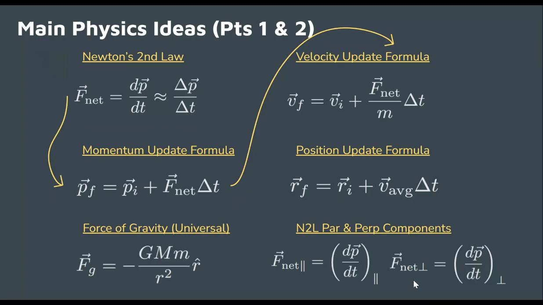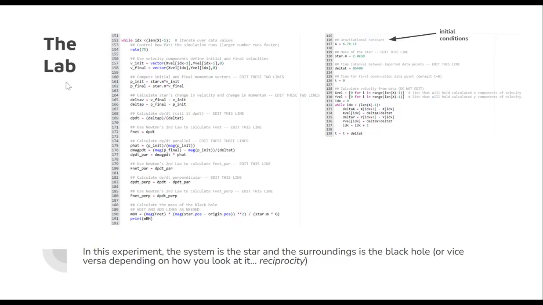Pretty self-explanatory there. And here's the actual lab for the first part itself. As you can see, the initial conditions we have here are the gravitational constant, the mass of the star, which is a given, and then the time interval, which is the number of seconds in one day.